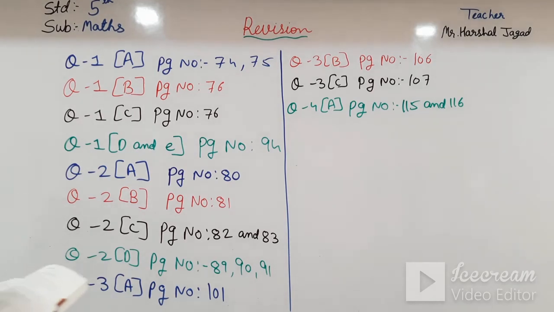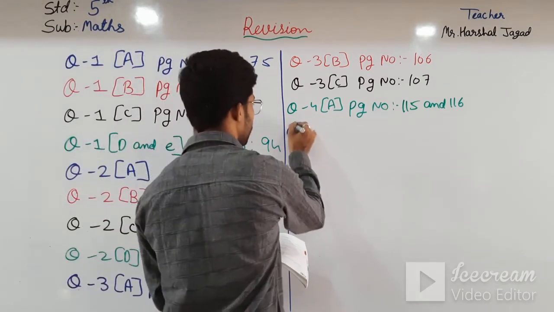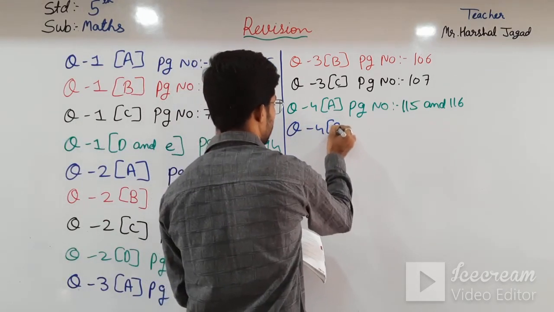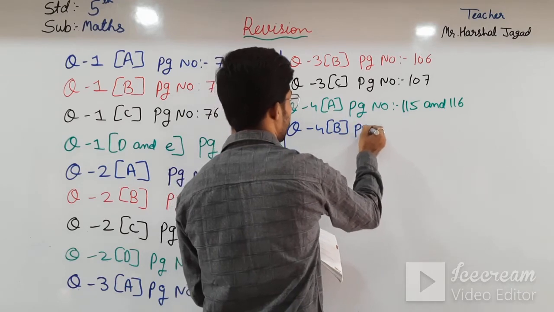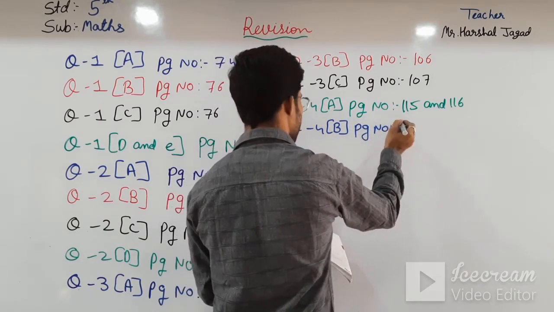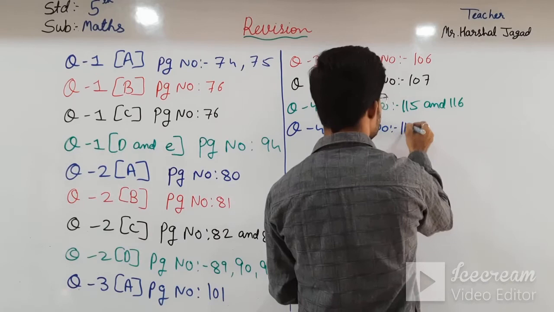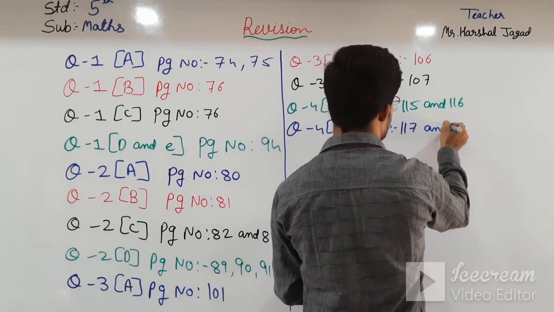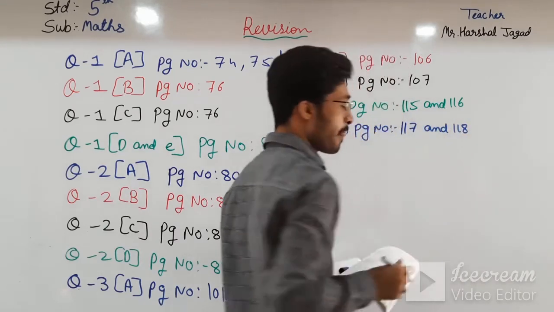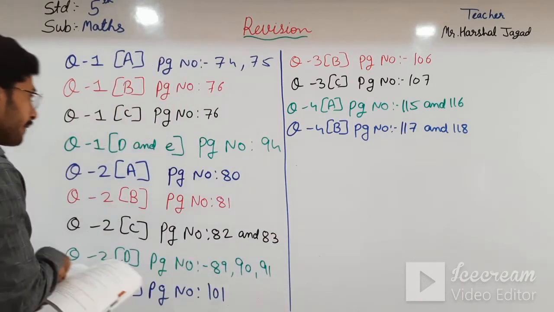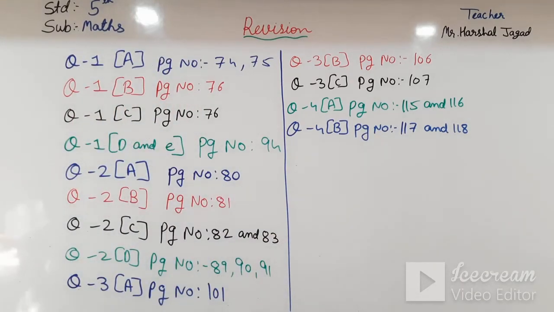So question number 4B, it can be asked from page number 117 and 118. Okay students, now question number 4C, multiply the following.